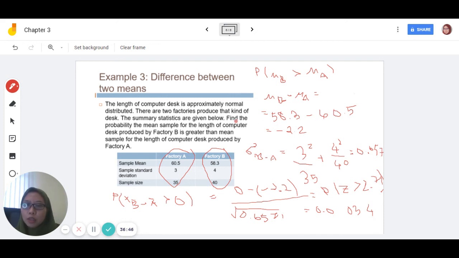This is the probability distribution between two sample means. So we have covered the sampling distribution for a single mean, and this one is the sampling distribution for the difference of two means. That's all for chapter 3, which is the sampling distribution.